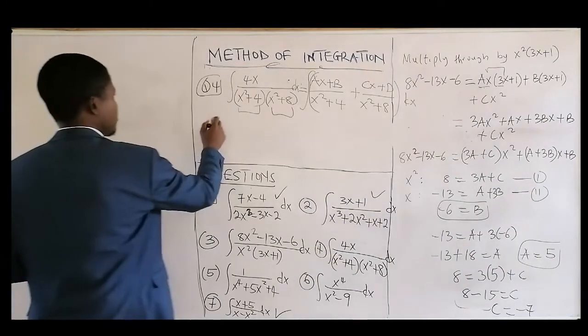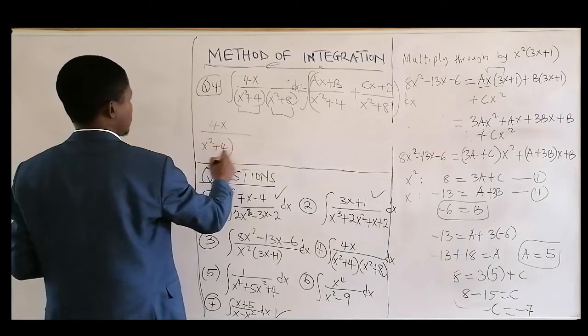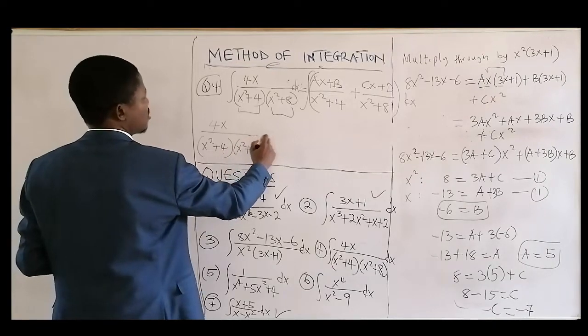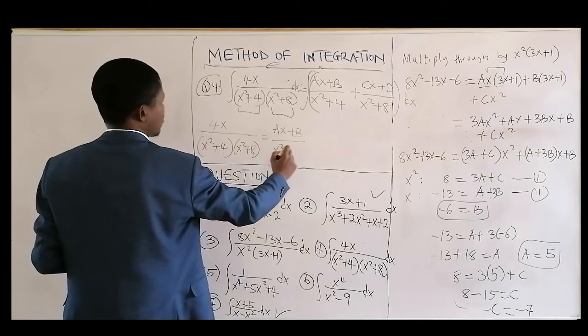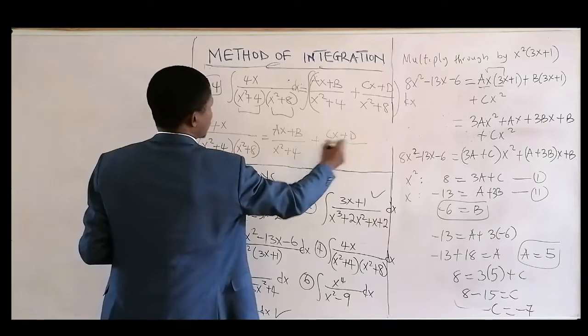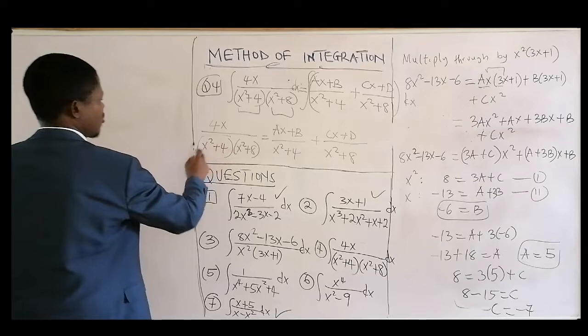So we now have 4x over x squared plus 4 into bracket x squared plus 8 equal to ax plus b all over x squared plus 4 plus cx plus d all over x squared plus 8. So we're going to multiply it through by this common factor.